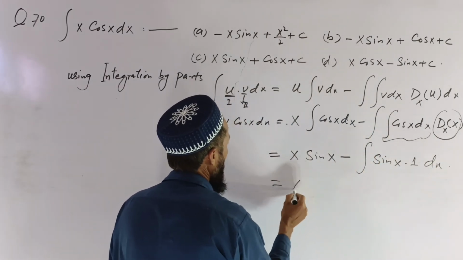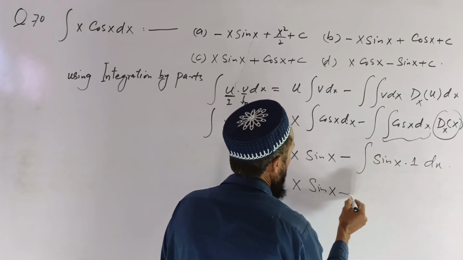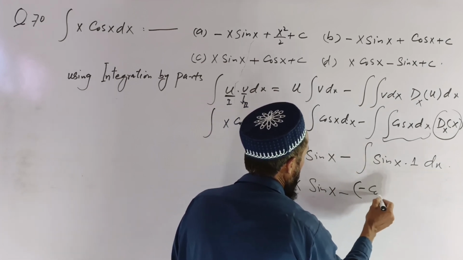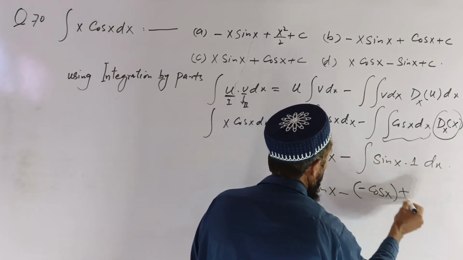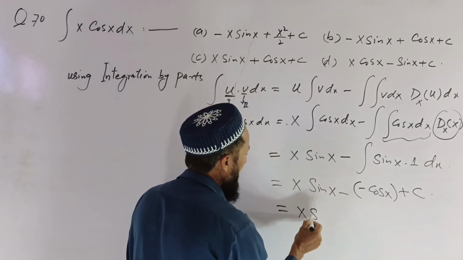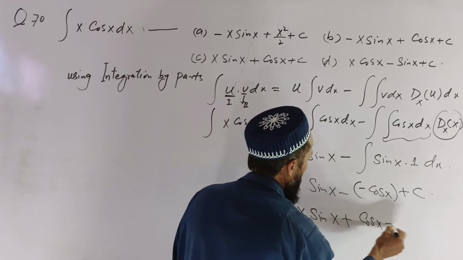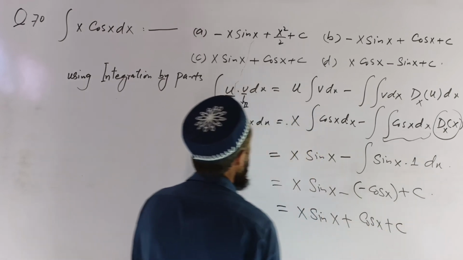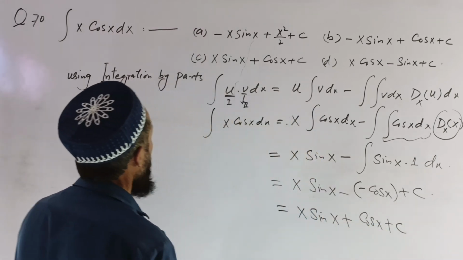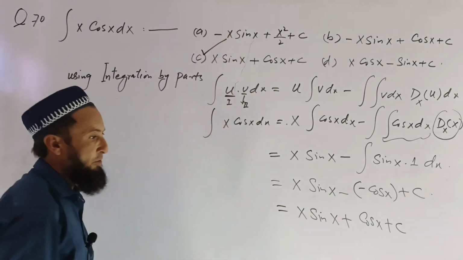So we get x sin x, and the integral of sin x is minus cos x, plus c. Minus into minus is plus, so the result is x sin x plus cos x plus c. That is the required result. Check the options here: option C is the correct option.